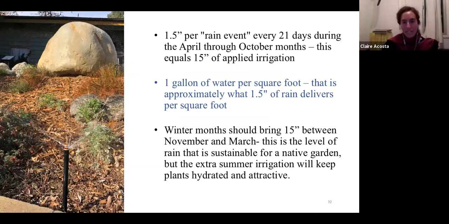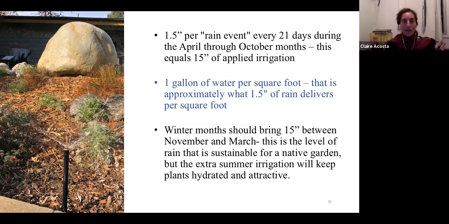But this kind of goes through it again. 1.5 inches per irrigation event. If that's every 21 days, say, again, this is dependent on your situation, but say you're doing that every 21 days from April until October, the chunk of time we said on that graphic, then that's 10 separate irrigation events. And that equals 15 inches of applied irrigation that you're putting down.